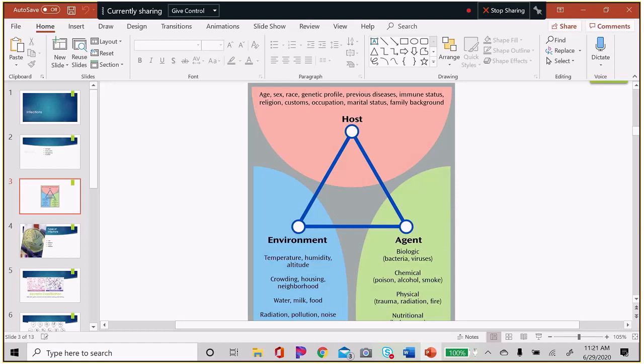So the agent factors were things that we were just talking about: what kind of pathogen it is, what are its characteristics, how does it get in, how strong is it, how virulent it is.